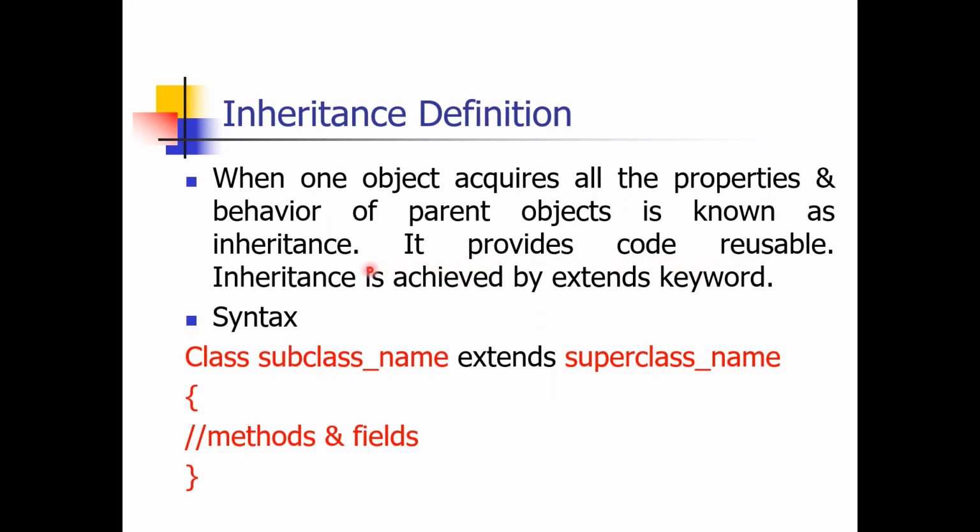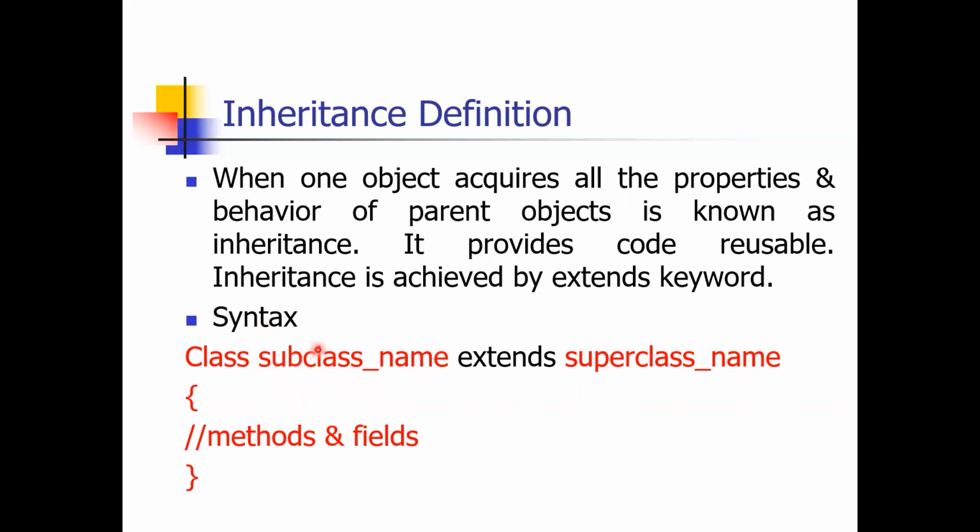So how is it done? Inheritance is achieved by the extends keyword. It means if we apply extends, the Java program understands that this class has a relation with another class. For example, this is the subclass name and this is the superclass. Superclass means parent, subclass means child.